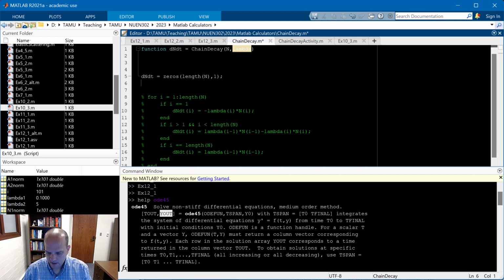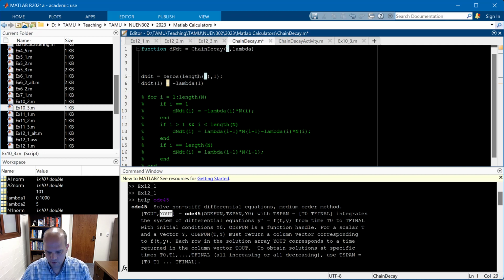But dn dt, so that's a representative of my derivative for the first isotope, is going to be equal to negative lambda, that first lambda, and so I need to input a vector of lambdas in here and a vector of n's, and I'm going to get out a vector of dn dt's.